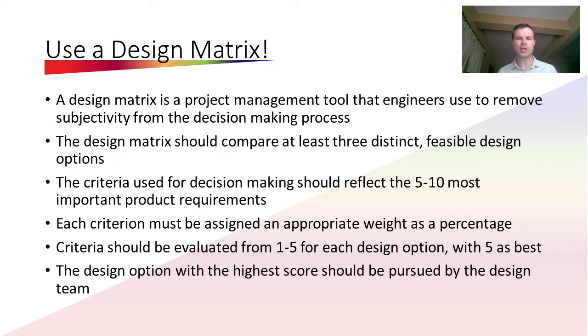So let's take a look at the design matrix on the next page, and we'll see how once we've developed a list of important criteria and identified our three most important design options, we'll be able to use a design matrix to help us decide which solution option we should pursue.